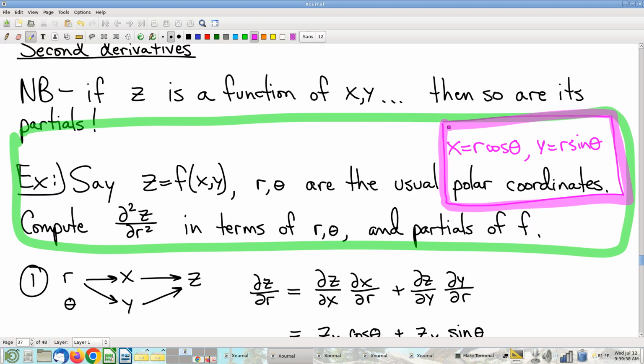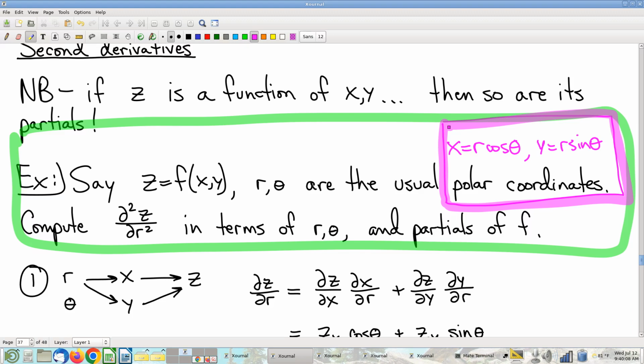Just like rectangular coordinates are a way of keeping track of where you are in the XY plane, polar coordinates is a different way of keeping track of where you are in the XY plane. You keep track not by an x-axis and a y-axis, but by an angle indicating what direction from the origin, and then a number called r, which tells you, loosely speaking, how far to go in that direction. It's just a different way of keeping track of where you are.